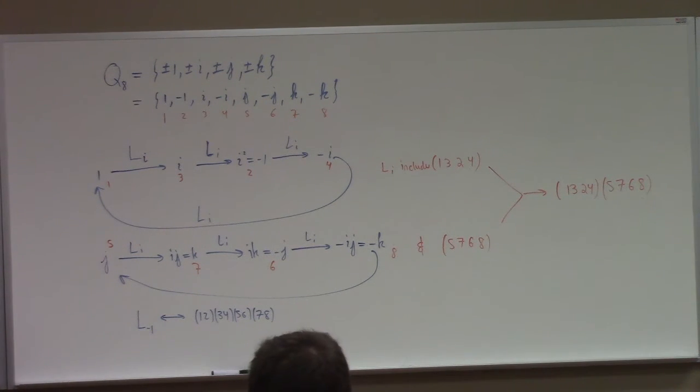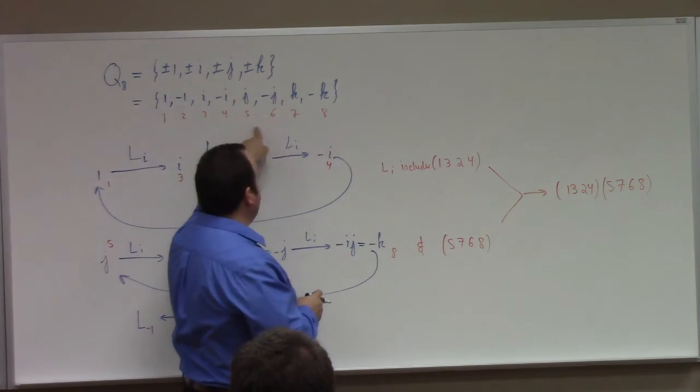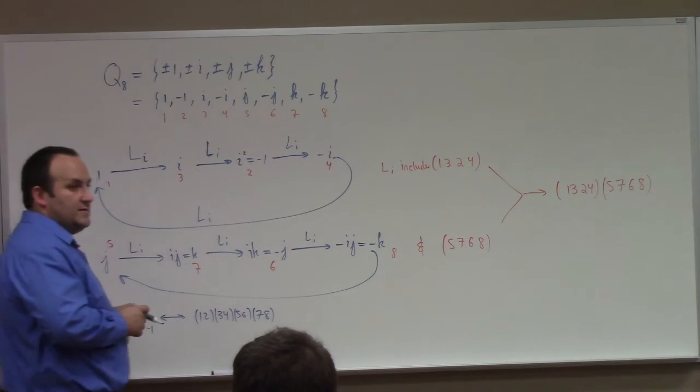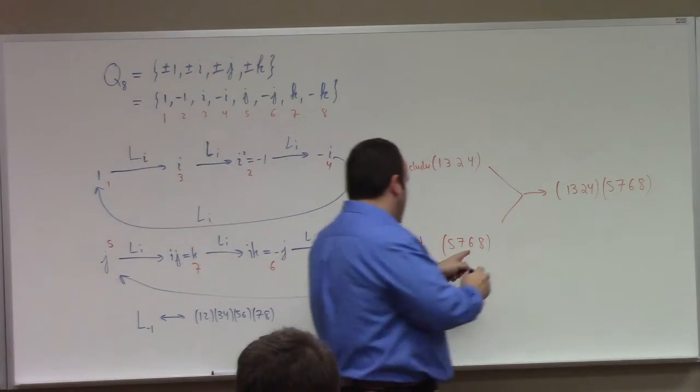Did you start with J down there because the fifth element was the one not included in the original cycle? Right. I could just as well have picked any of these remaining 4. I could have started with anything else.